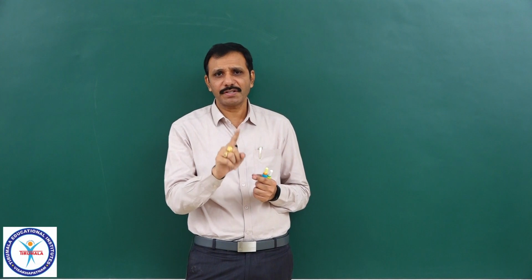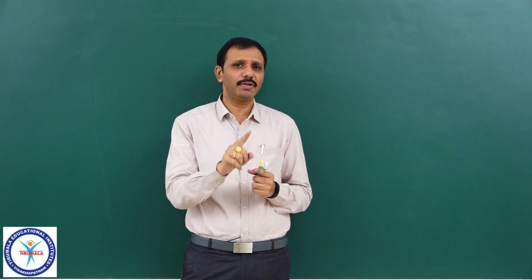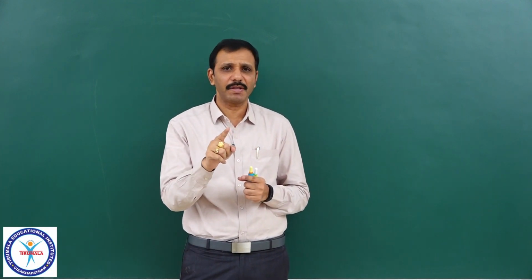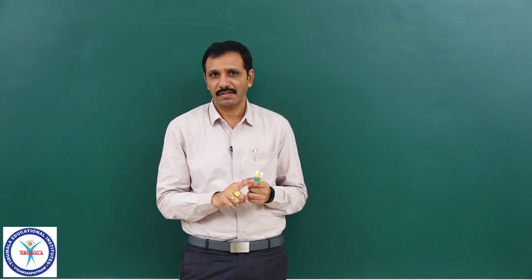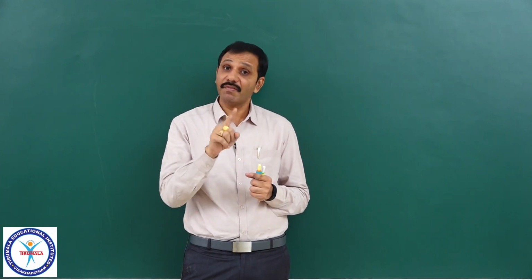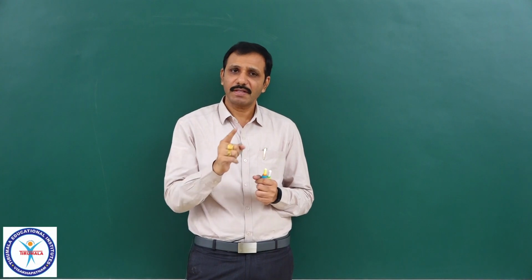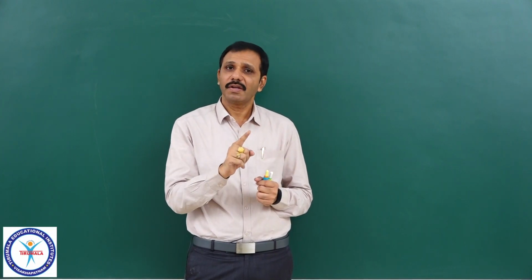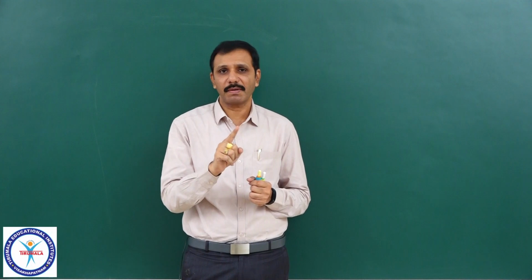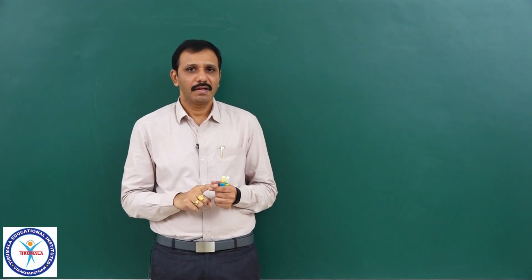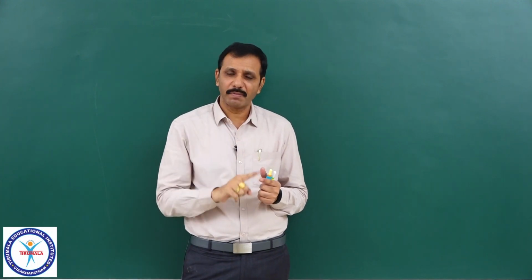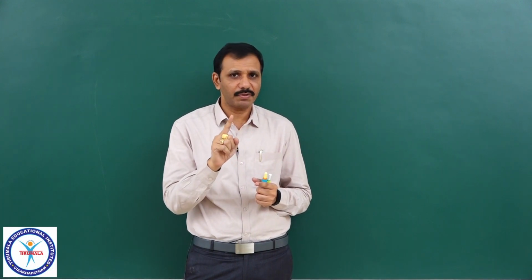The moment you get 0 by 0, don't get tempted to do that problem by using L'Hospital rule. Sometimes it will become very tedious. By using usual methods only, you can do those problems very quickly. Either it may be 0 by 0 form or infinity by infinity form, you can do it.